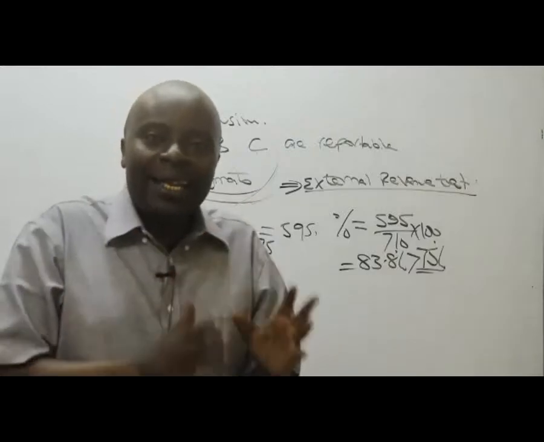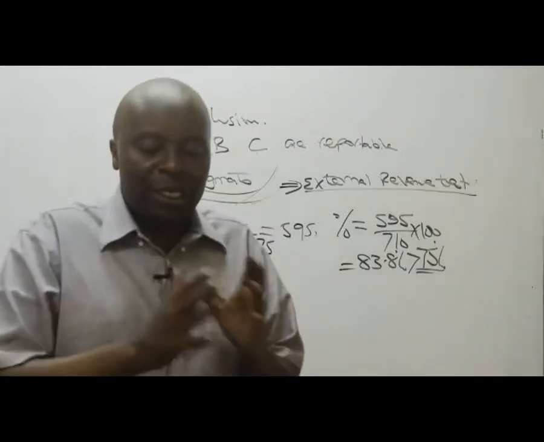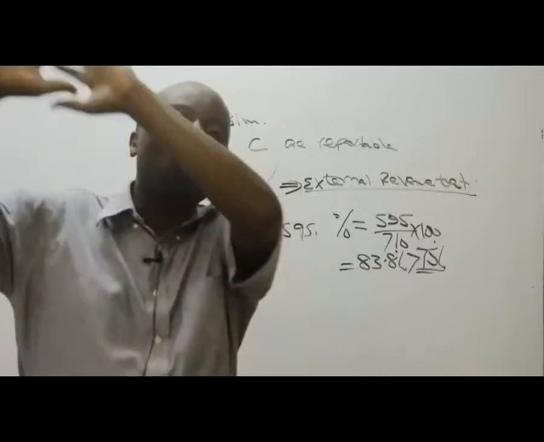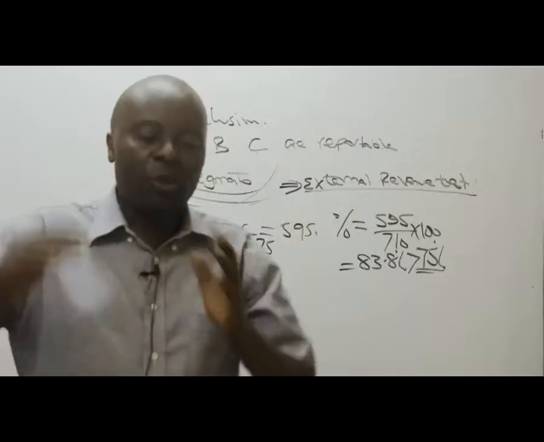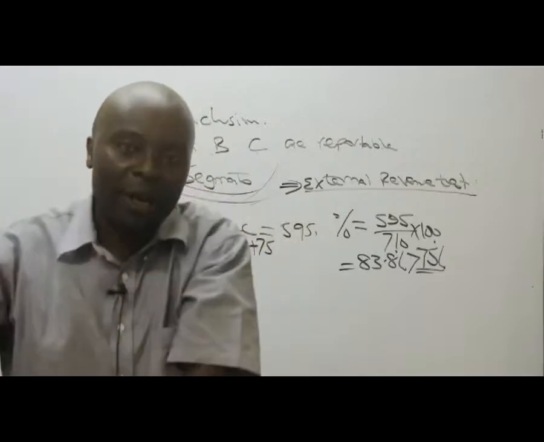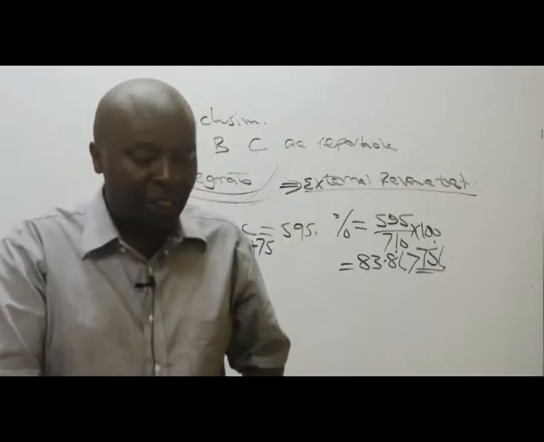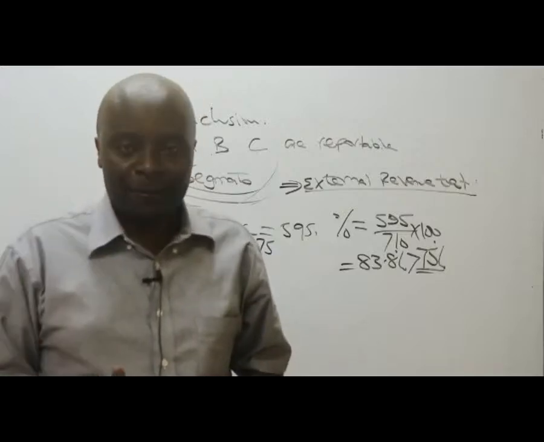Anything that is unallocated, not allocated to the segments, we normally take to the whole company column. So anything unallocated, you take it to the whole company column. Don't apportion it to the segments.